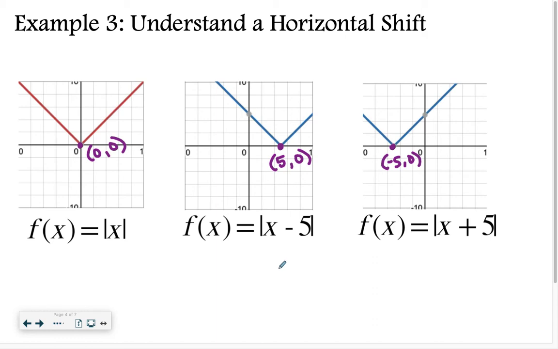And the way that you can tell that just by looking at the equation, the function, is the x changes. It shifted left and right when a number's added or subtracted inside the absolute value. And the general formula is x minus, they typically use an h. It's just another variable to represent the horizontal shift.